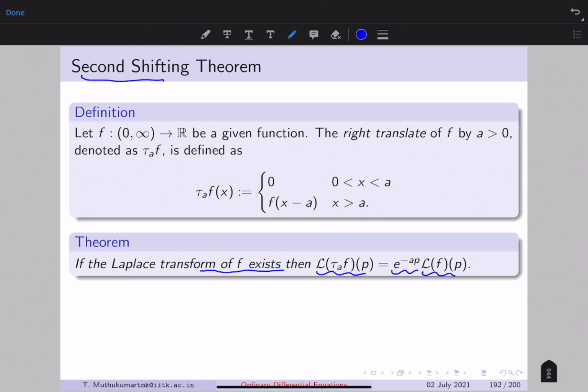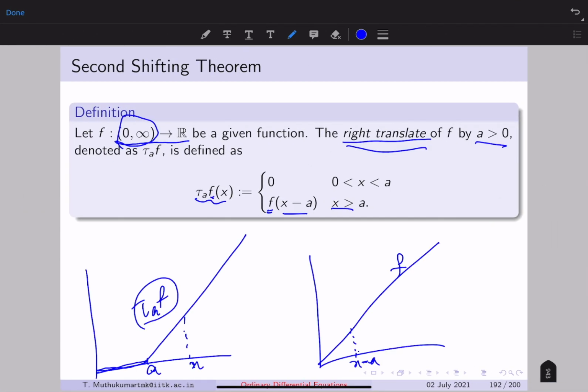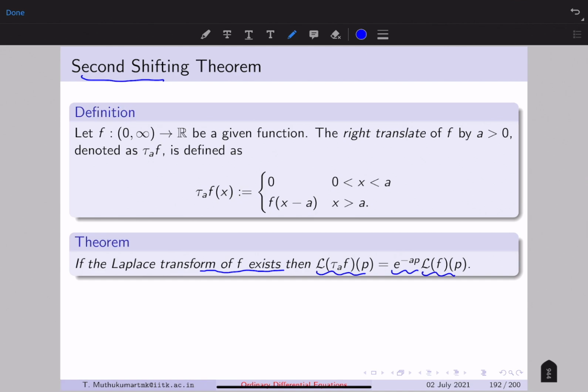Earlier, in the first shifting theorem, you saw that the Laplace transform of exponential multiplied by the function is nothing but the translate of the Laplace transform, right? This is again a translate, the right translate of the Laplace transform. What does the second shifting theorem tell you? It tells you that the Laplace transform of the right translate is nothing but exponential multiplied by the Laplace transform.